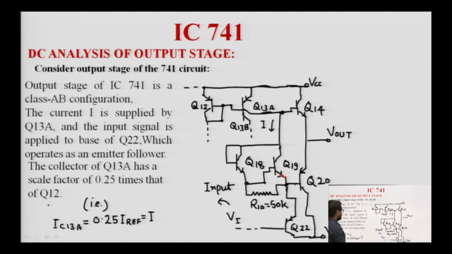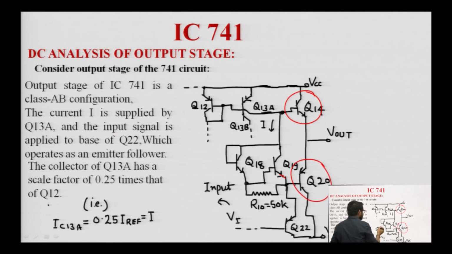Output stage, this is the output stage without using the short circuitry. We do not use it here. This is the typical output stage of IC 741, and it is basically concentrated on two transistors, Q14 and Q20. Here the transistors Q18, Q19 and Q22 also stabilize the Q point of these two transistors, that is Q14 and Q20.